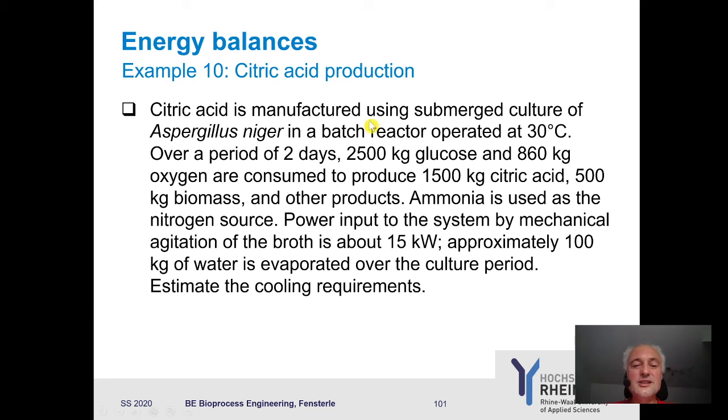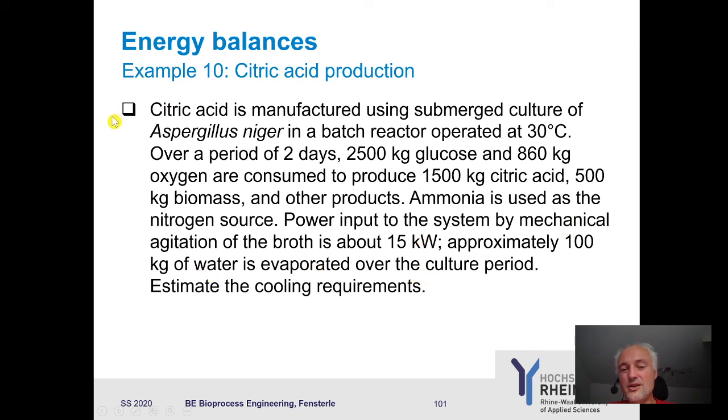Now you see in this example, 2,500 kilograms glucose has been consumed to produce 1,500 kilograms citric acid and 500 kilograms biomass and other products. Use ammonia as the nitrogen source. Power in the system inputted by agitation is about 15 kilowatts. 100 kilograms of water is evaporated.